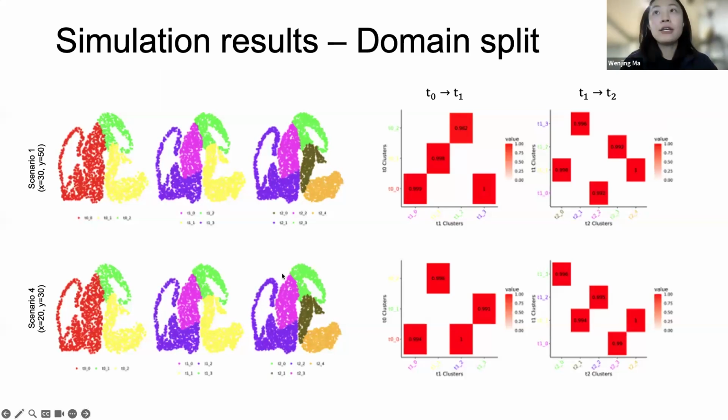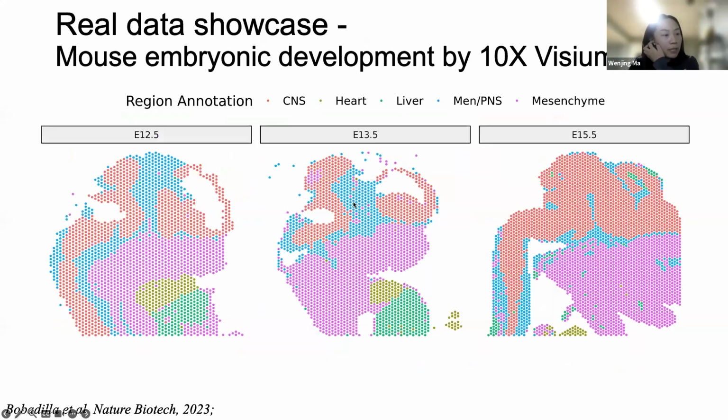Yeah, thank you. So here are some results from the simulation settings, and I would like to provide more on the real data analysis. The first one is what I mentioned: due to technology limitations, the 10x Visium can only capture 5,000 barcodes, and the slides are limited to a certain size.